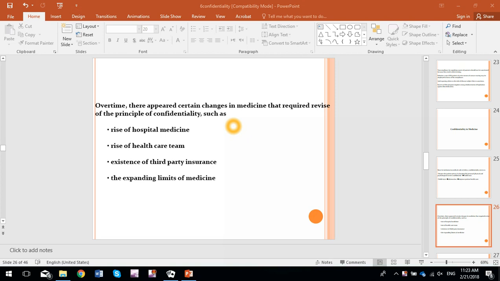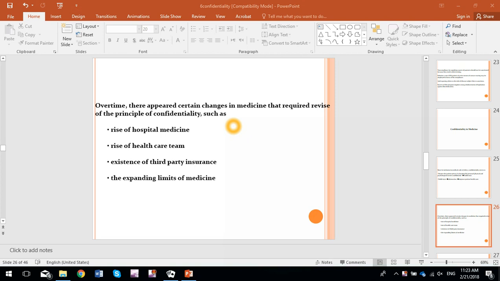Now, as we know, 87% of the Jordanian population are insured, and for the insurance company to cover the medical cost, the insurance company has the right to know what is wrong with this patient. And by telling them what is wrong with this patient, we are breaching confidentiality.